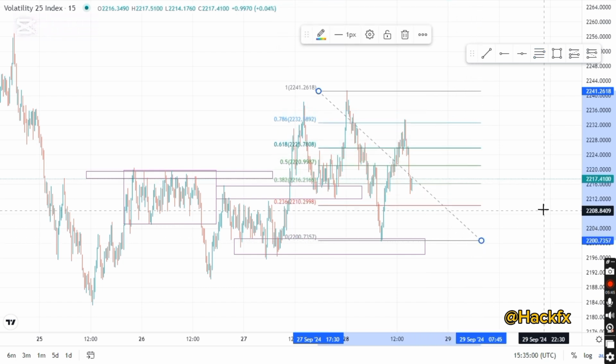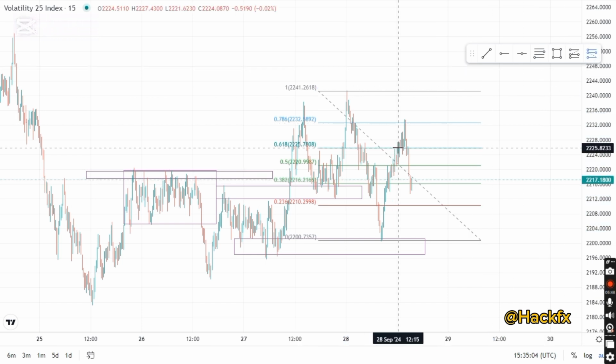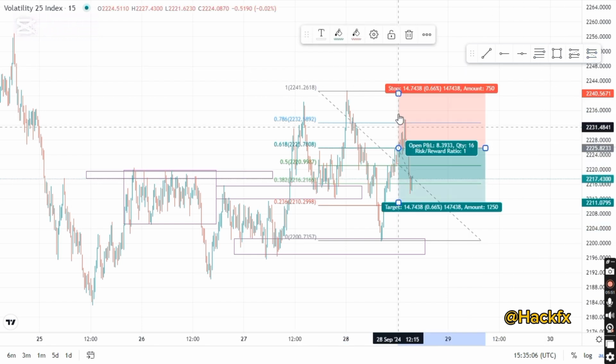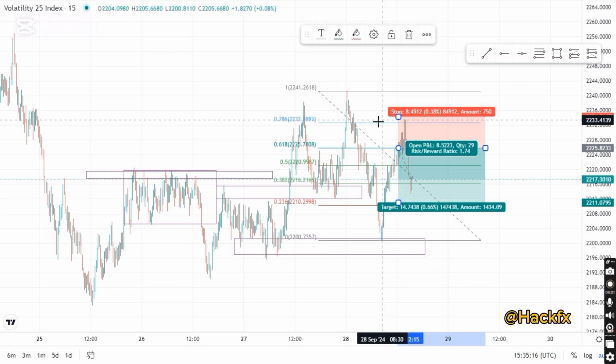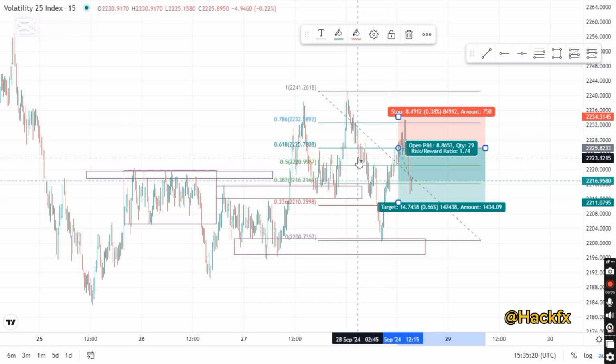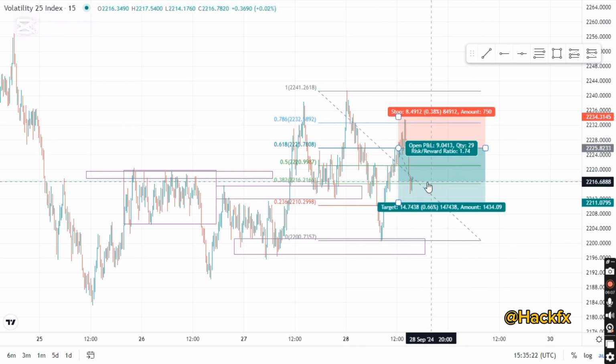Our entry is going to be at 61.8, and our stop loss is going to be a little above the 78.6 zone.